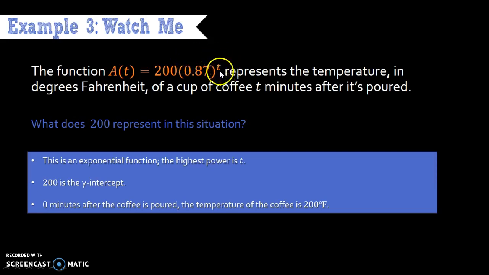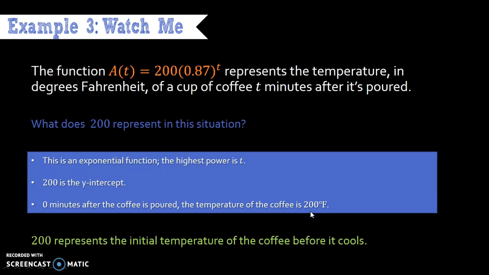So plugging in a 0 for t gives me 200 as my answer. That means 0 minutes pass by, my temperature is 200 degrees. So 200, therefore, represents the initial or the starting temperature of the coffee before it has cooled down at all. So it's 200 degrees after it's poured.